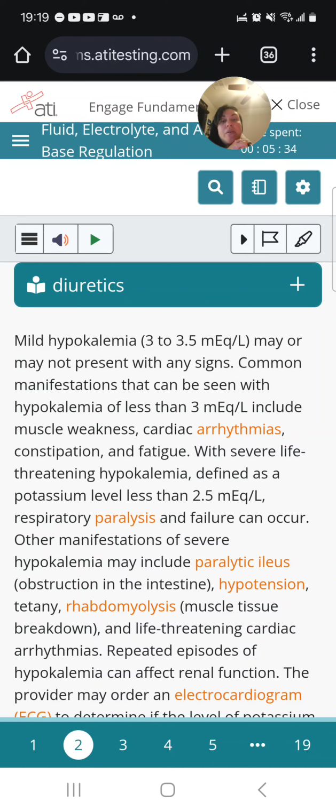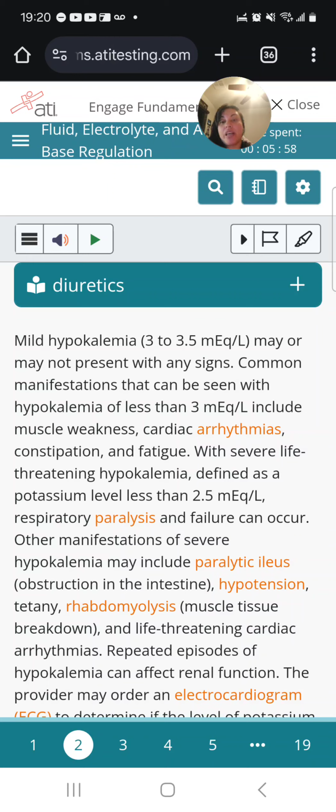Common manifestations that can be seen with hypokalemia of less than 3, okay, this is not mild, right? You can see muscle weakness, cardiac arrhythmias, constipation, and fatigue.